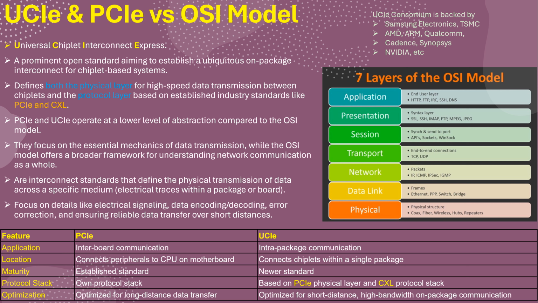UCIe is mainly developed to establish communication between two chiplets or two dies, which are assembled in a single package. PCIe is board to board. PCIe connects peripherals to the CPU on the motherboard, whereas UCIe connects chiplets within a package.